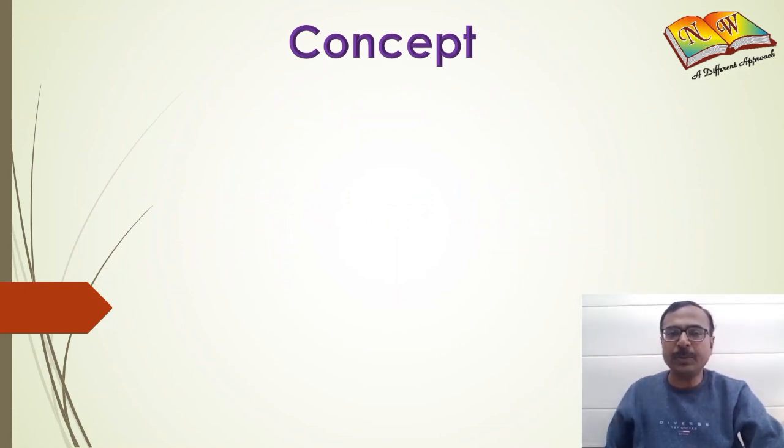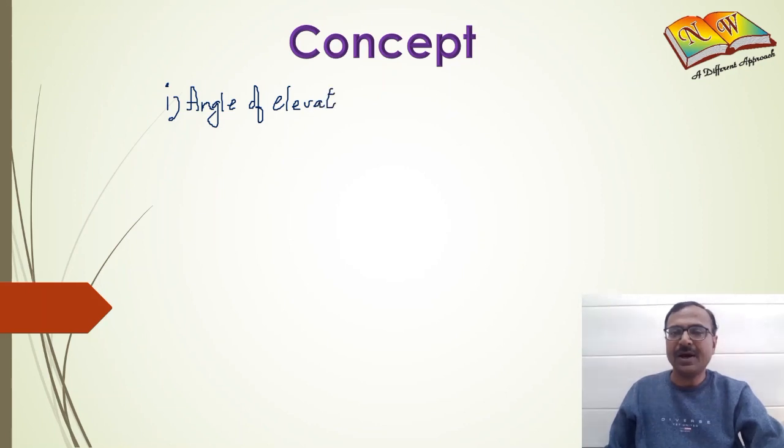Basically, a clinometer is used to find two things. One, the angle of elevation. The second one is the angle of depression.